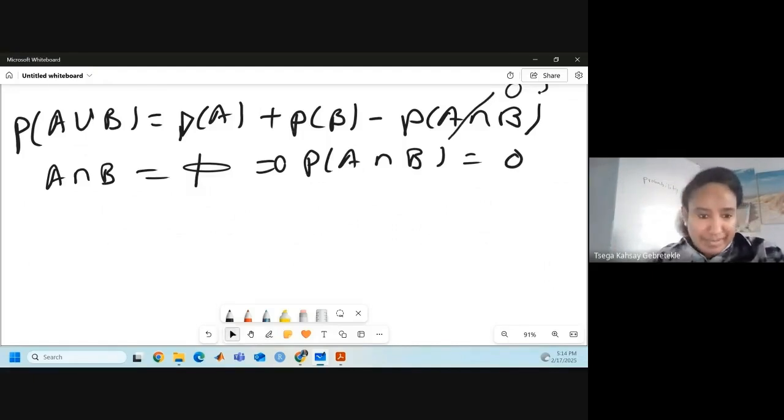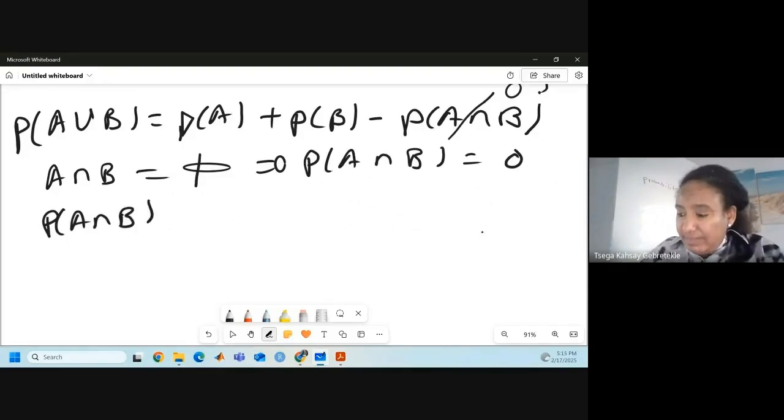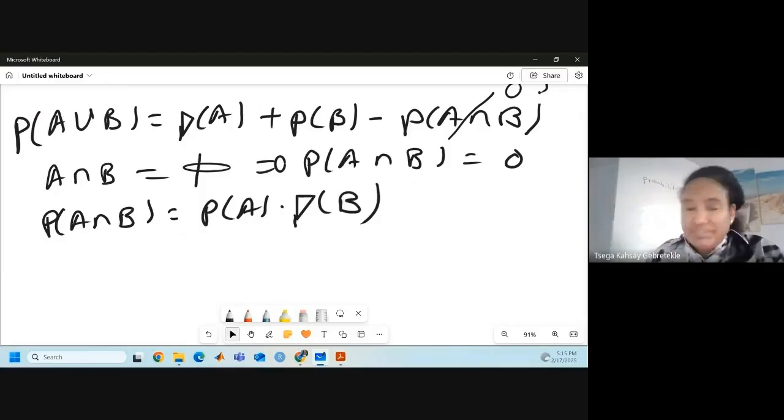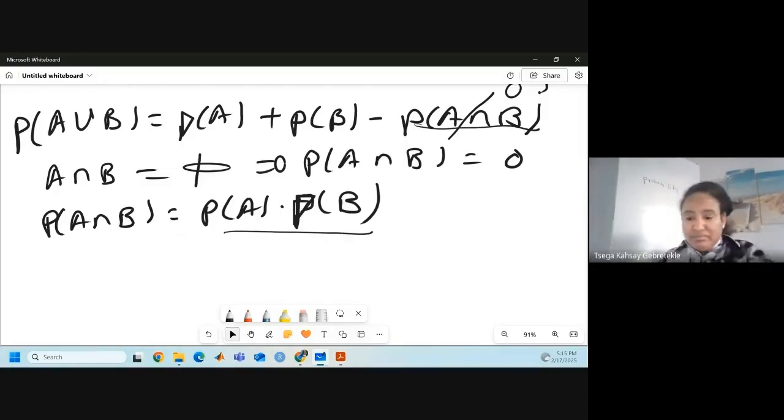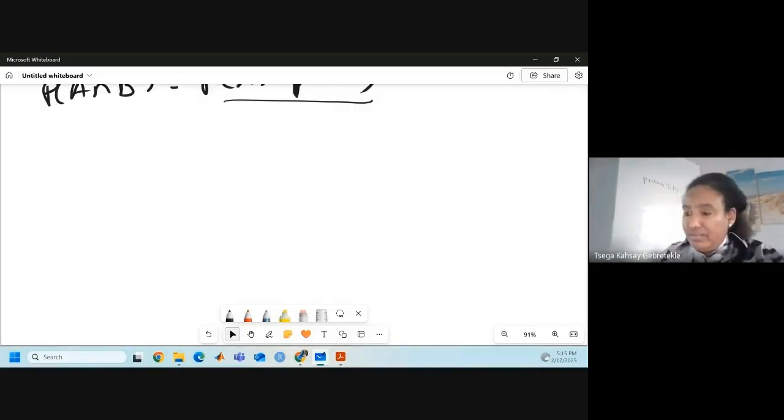probability of B. What if A and B are independent? If they are independent, the probability of A intersection B is probability of A times probability of B. Then what we can do is we can substitute this expression and rewrite it.